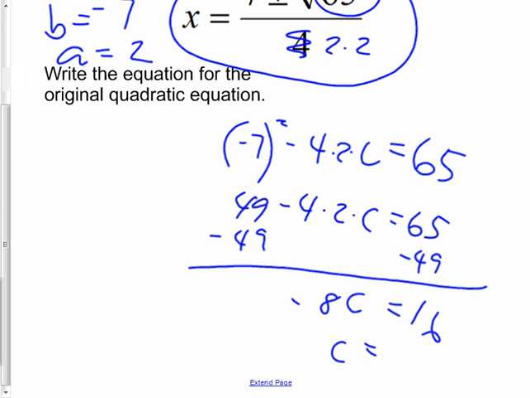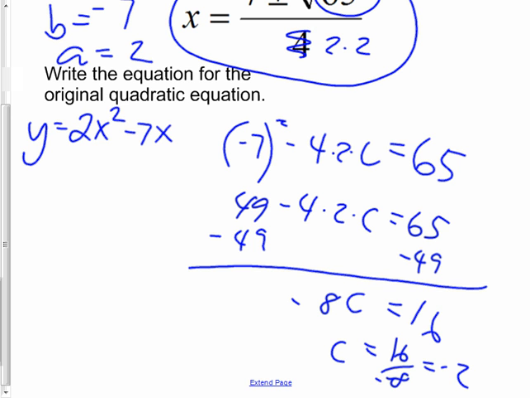And C must equal 16 divided by -8, so it must equal -2. That is correct. C was -2. So now what was the original quadratic? Y equals A was 2x squared, B is -7, -7x, and the C is -2. Holy cow, we did it.